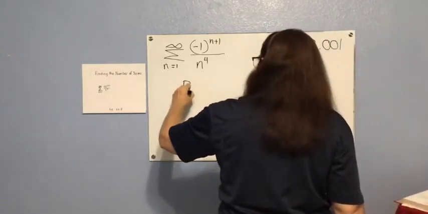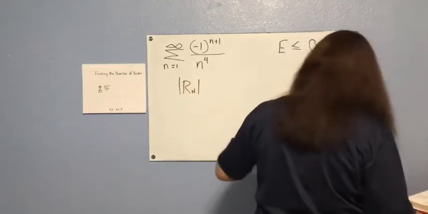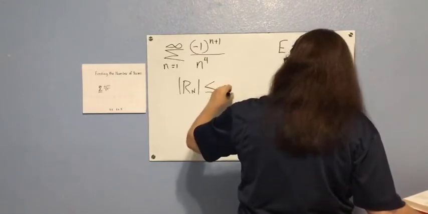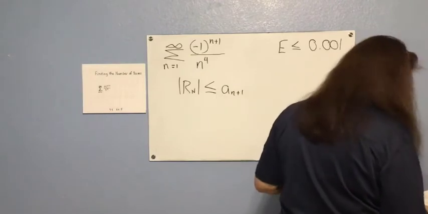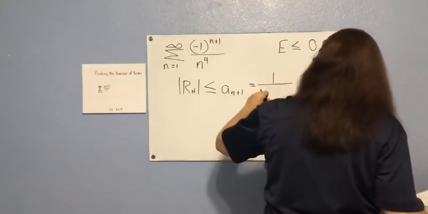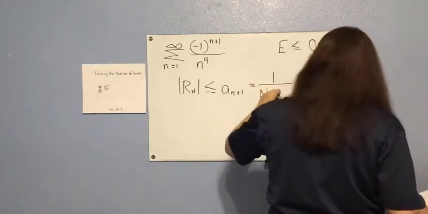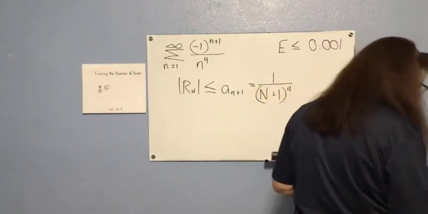Okay. We know that the remainder has got to be less than or equal to a sub n plus 1, which is equal to 1 over n plus 1 to the 4th.